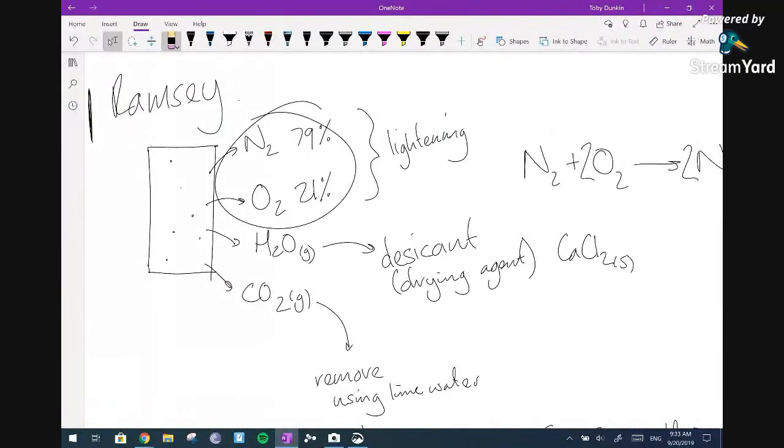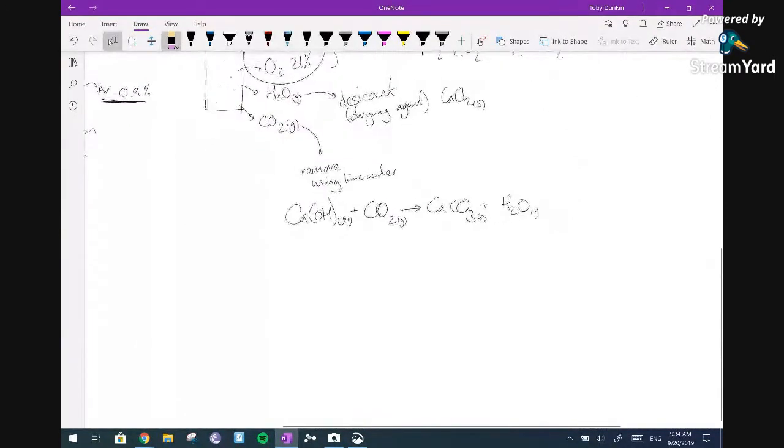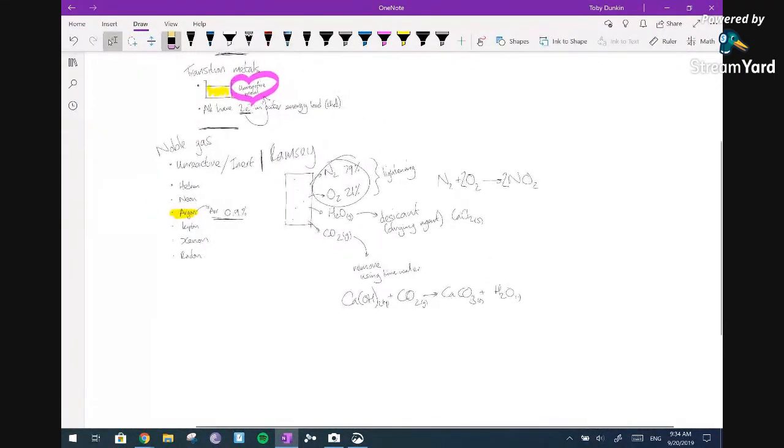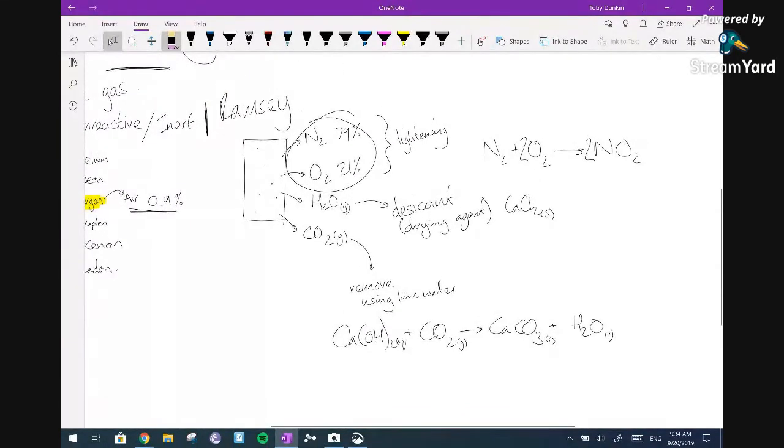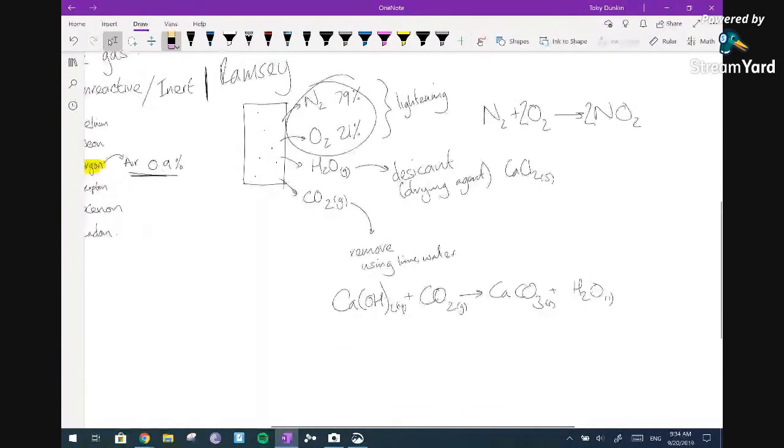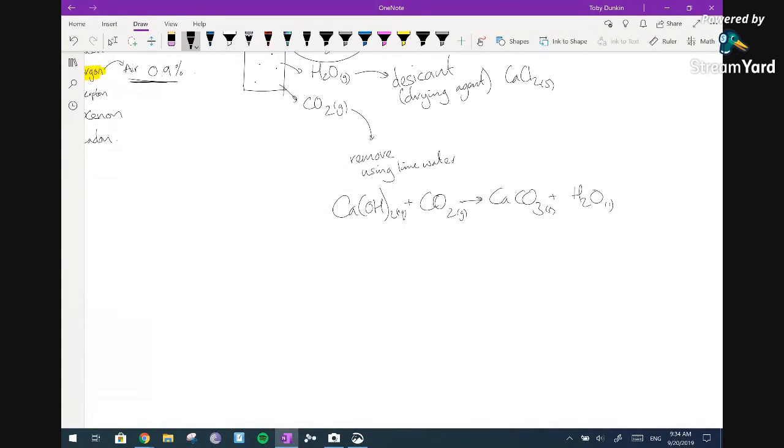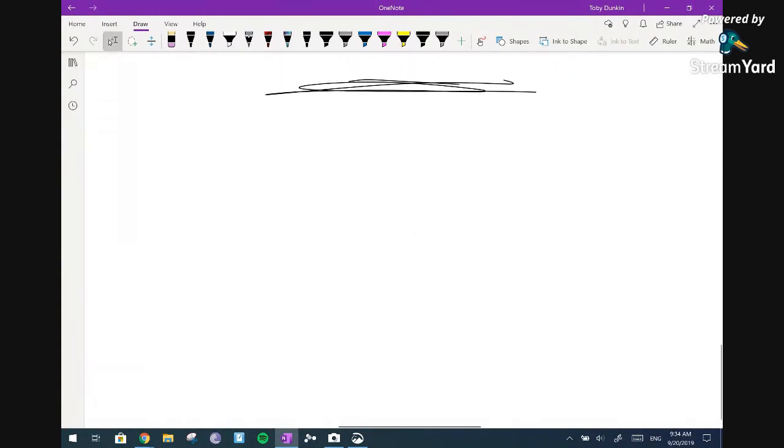It didn't do anything. Its chemistry was incredibly unreactive. It wouldn't react with anything. So he looked at it using light. It's called spectroscopy. He used what's called visible light spectroscopy.